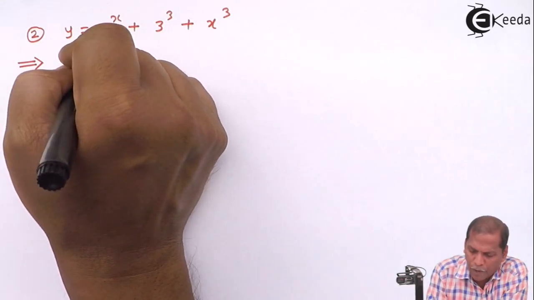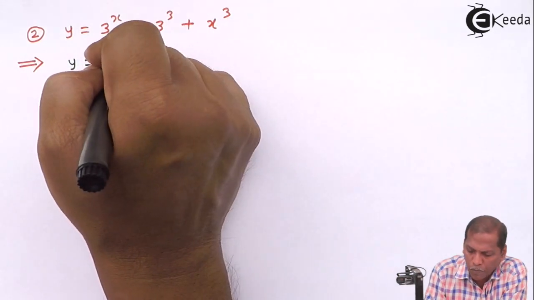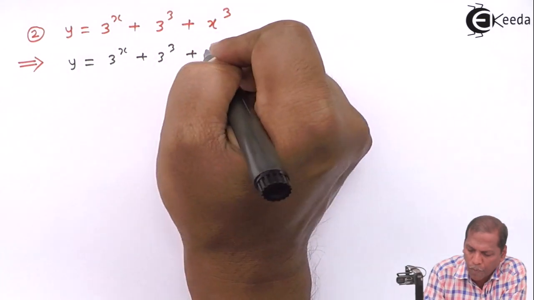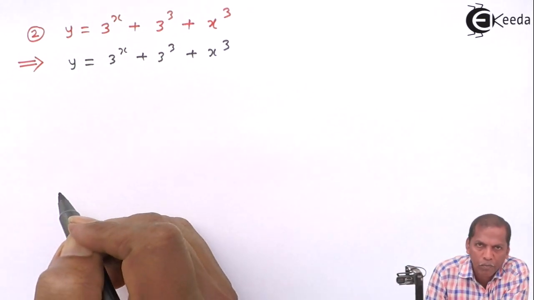First of all, we start with y equal to 3 raised x plus 3 raised 3 plus x raised 3.